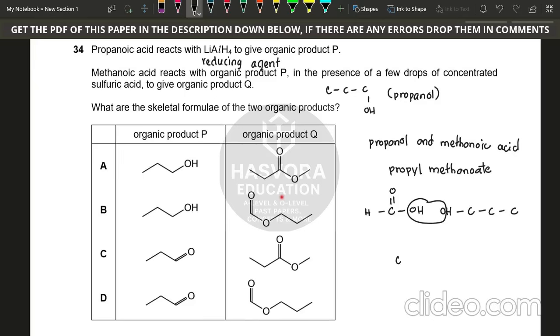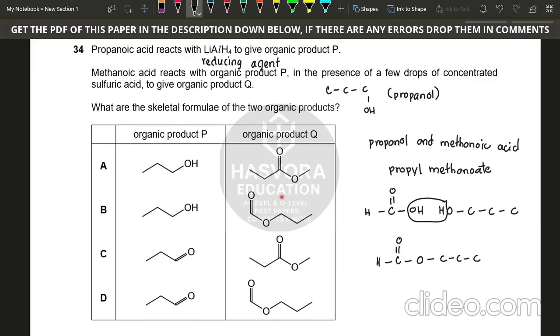So it forms something like this, C double bond O, H, C. Let me correct this, I selected the oxygen by mistake. It will be HO. So 2 H and 1 oxygen will be condensed to form H2O. So we'll have O here, and then C, C and C.